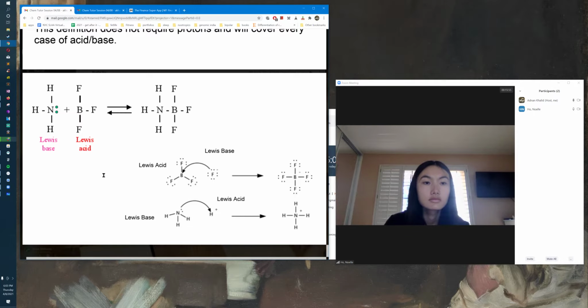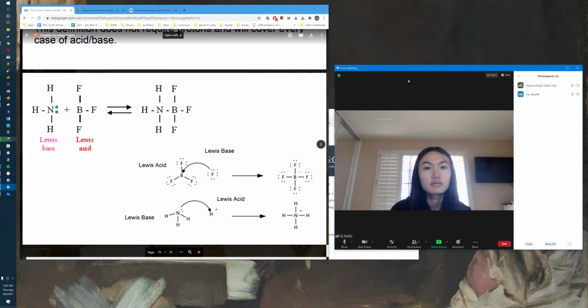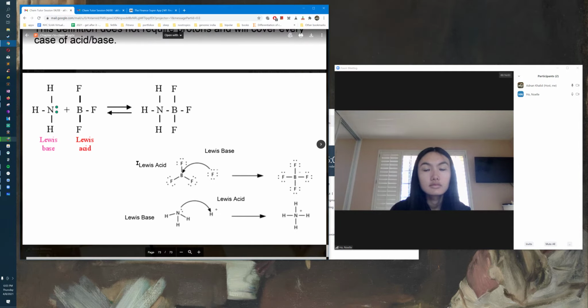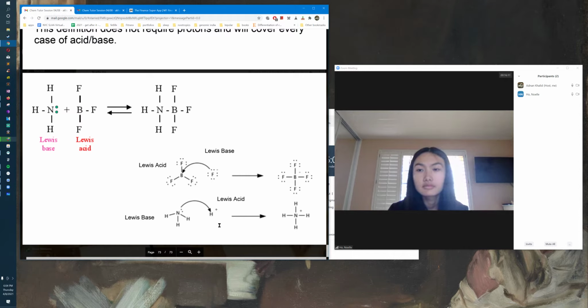Usually, what happens is that it makes a chemical bond. And then we have some more examples with fluoride ion and H plus ion. So we have boron tetrafluoride and ammonium ion.